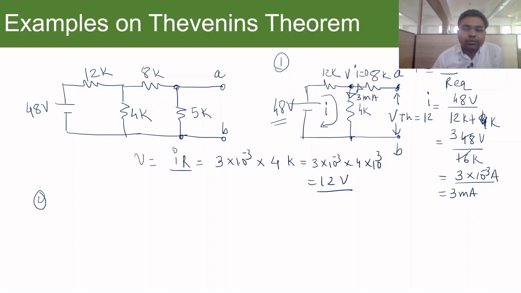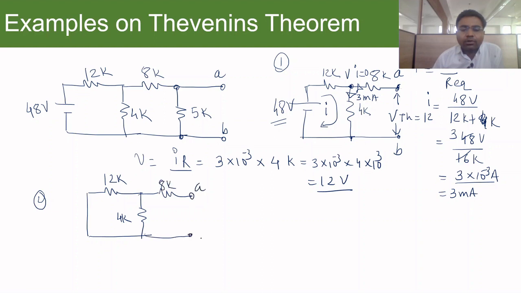Here in this particular case we have one voltage source, so I will short it, and then what we have is 12 kilo ohm, this 4 kilo ohm, and the other resistor of 8 kilo ohm.